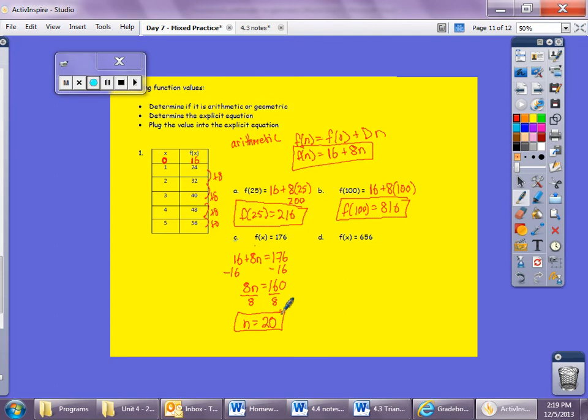And then the same thing here. f of x equals 656. We take our equation. 16 plus 8n equals 656. Subtract 16. 8n equals 640. Divide by 8. n is equal to 80.